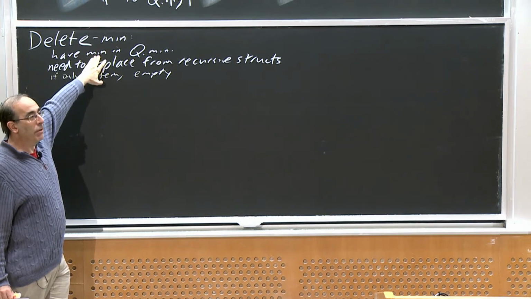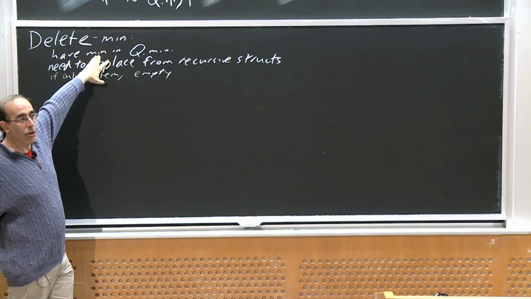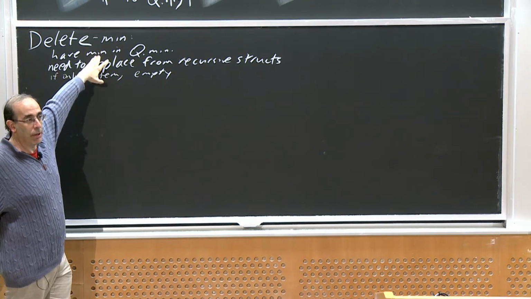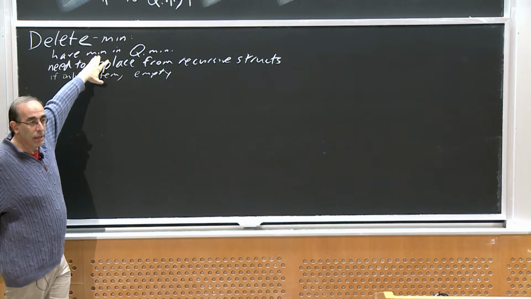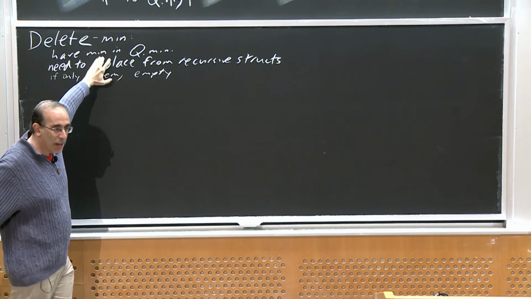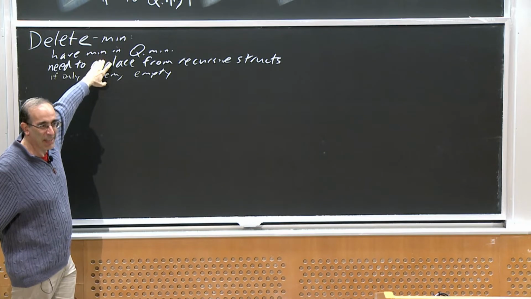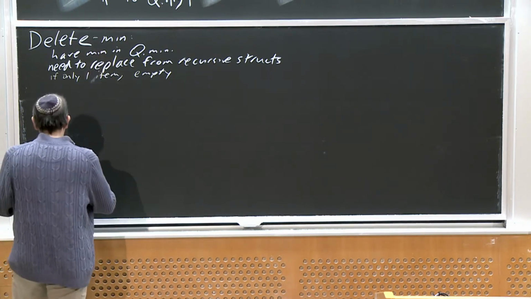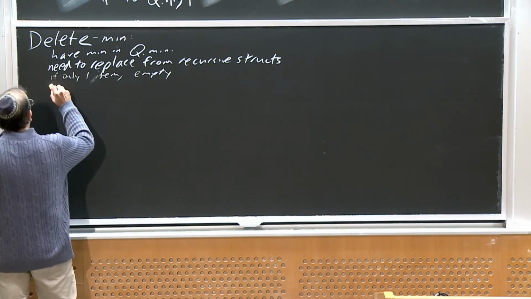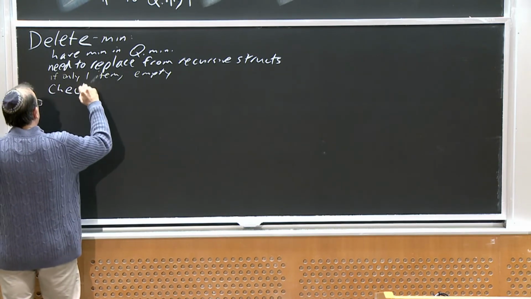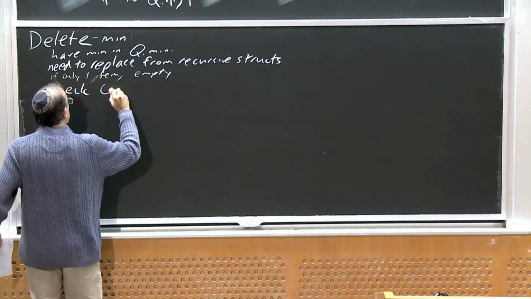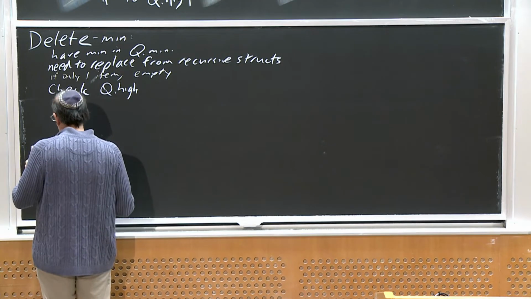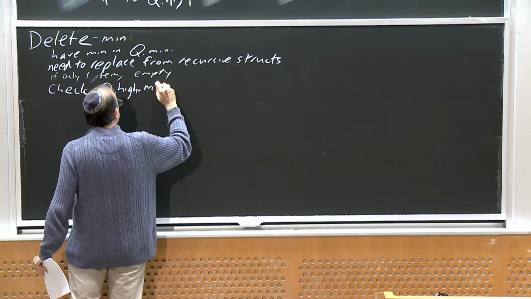Good. So if this is empty, I'm going to need to look in the high order bit queue to find the smallest queue with the smallest non-empty bucket. Now, this will also work if there still are things in this bucket, right? Either way, if I just start by checking q.high dot min, okay?